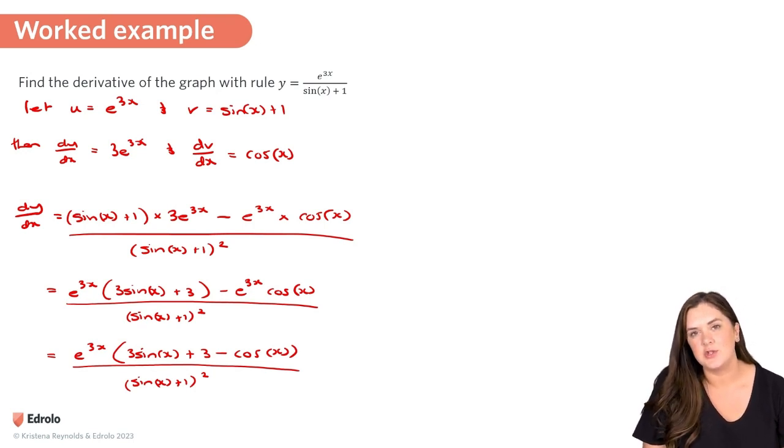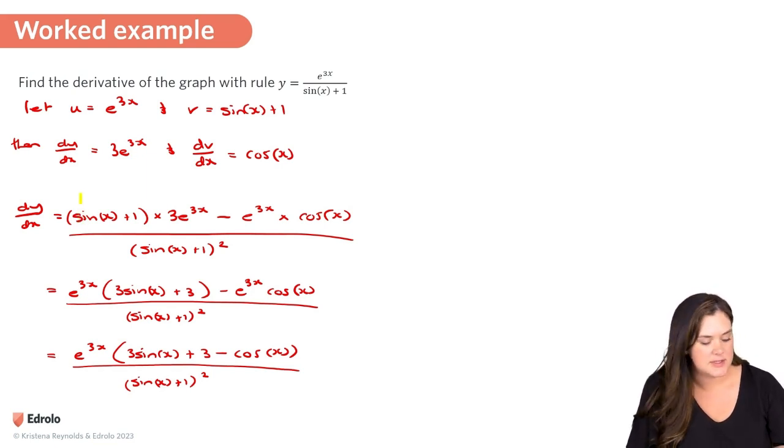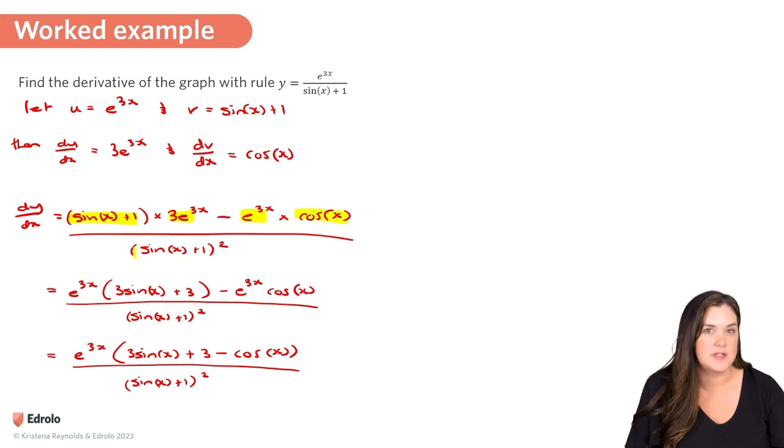Now putting all of that into the quotient rule that we have seen, the very first thing that we have is just our v term multiplied by the derivative of u, and then we take away our u term multiplied by the derivative of v, and then divide that by v squared. What I've done in the next step is simplified a little bit, but you'll also see that I've multiplied everything in the brackets here by 3.